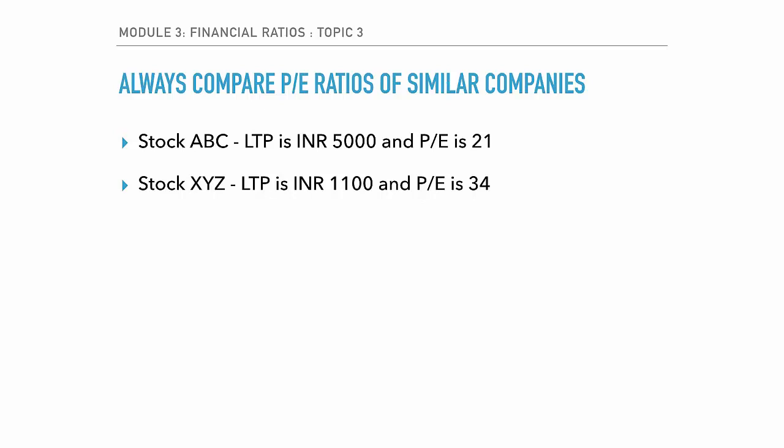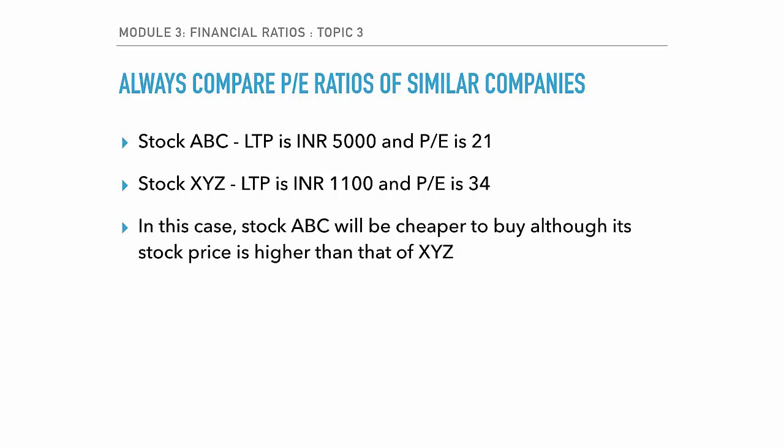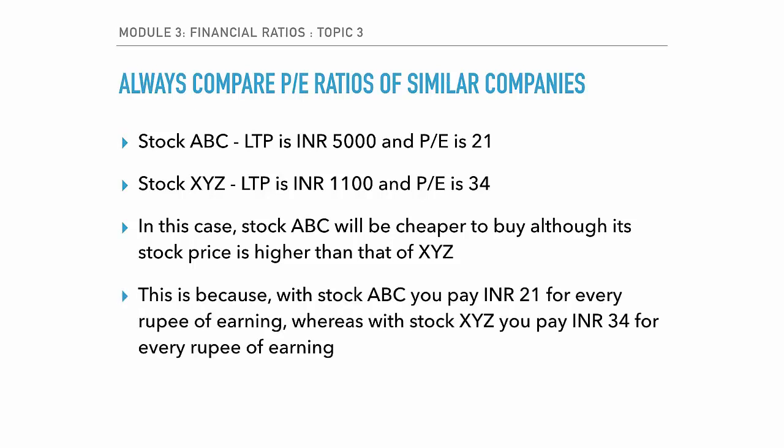Whereas in case of stock ABC, I am investing only 21 rupees for 1 rupee of earning. Yes, on the face of it, stock ABC is more expensive. It's at 5,000 rupees, but I'm investing lesser money for more profits. So I would pick stock ABC and not XYZ.